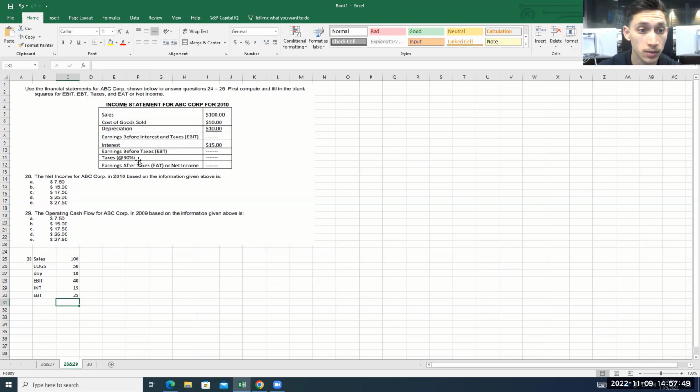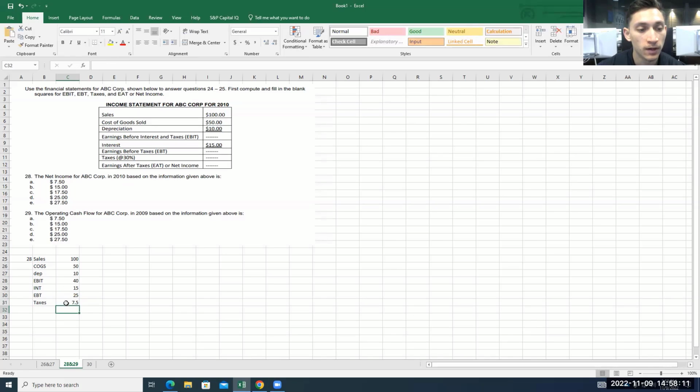And then we're asked to calculate the taxes. It says our tax rate is 30%. So we're going to take our 25 of earnings before taxes and apply that 30% tax rate to it. So we'll do 25 times 30%.